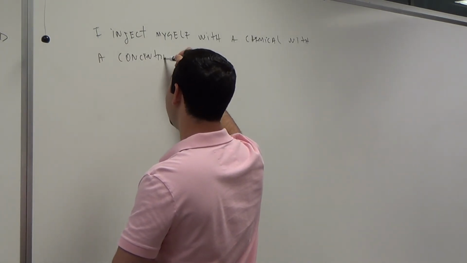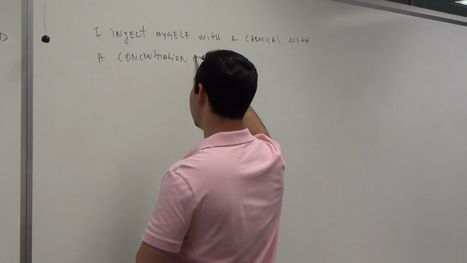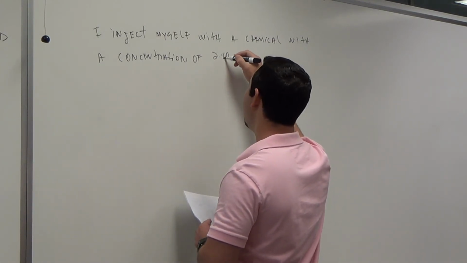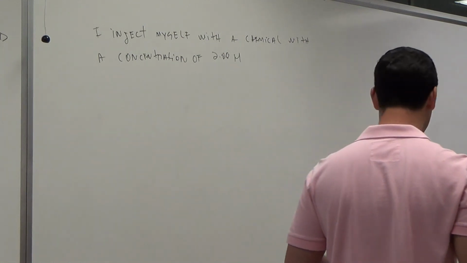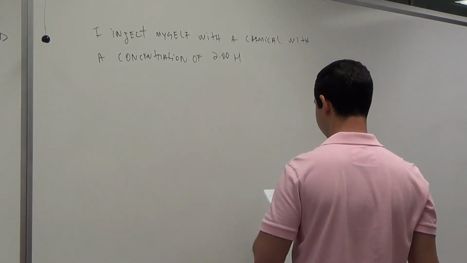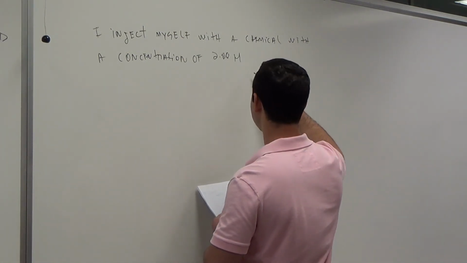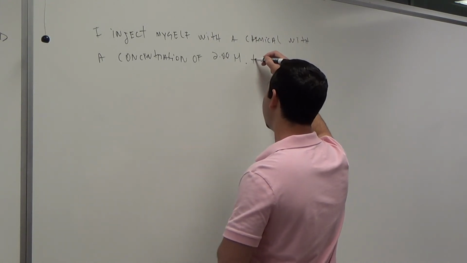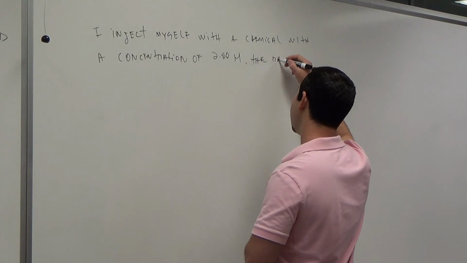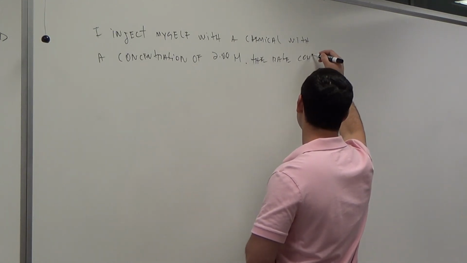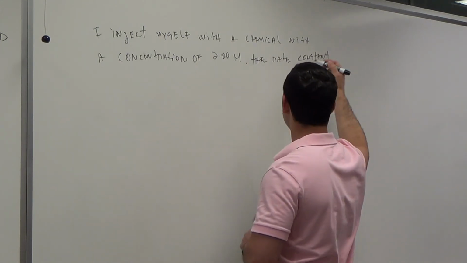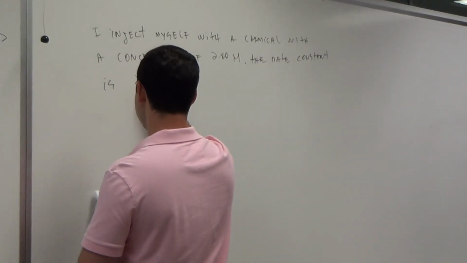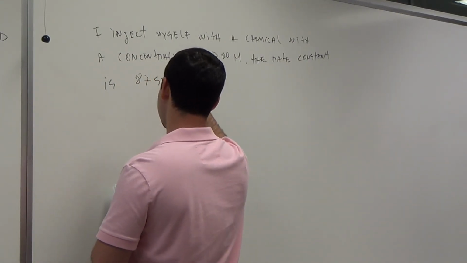With a concentration, do you even calculate it? Should I ask my calculator? 2.00 molarity. Yes, 2.00 molarity. The rate constant is this.